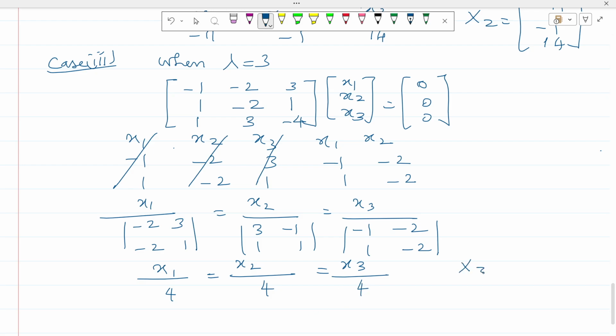So what is x3 here? 4, 4, 4. Taking the ratio, it is 1, 1, 1.